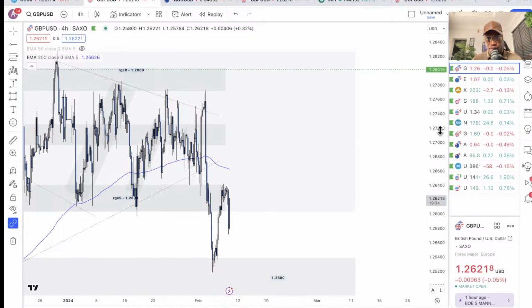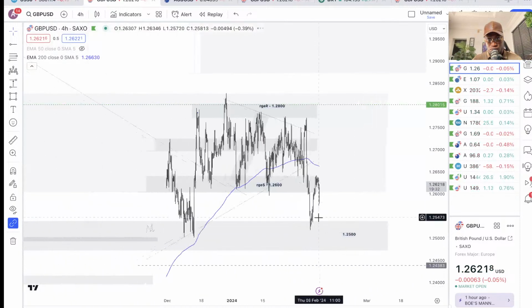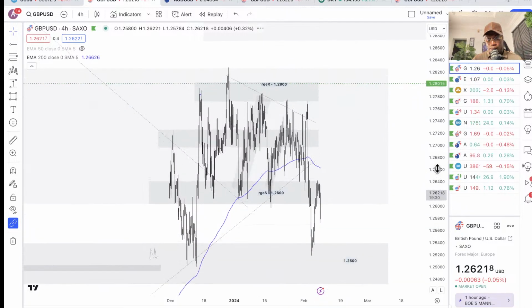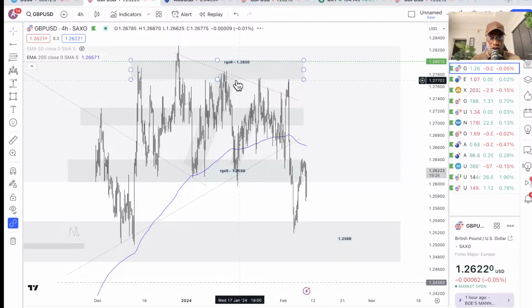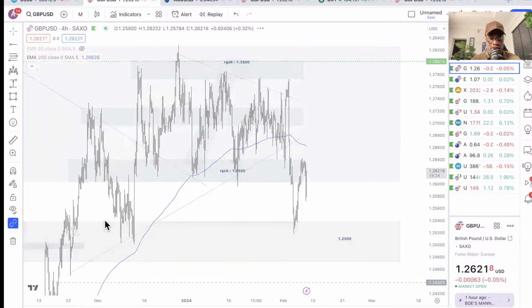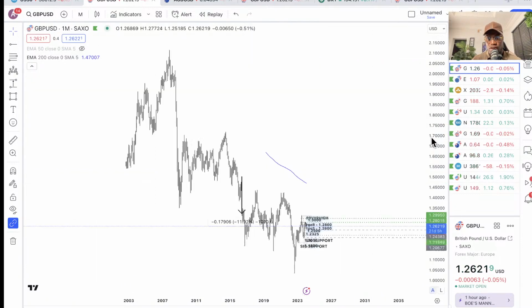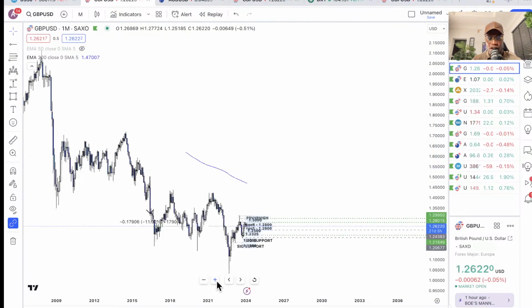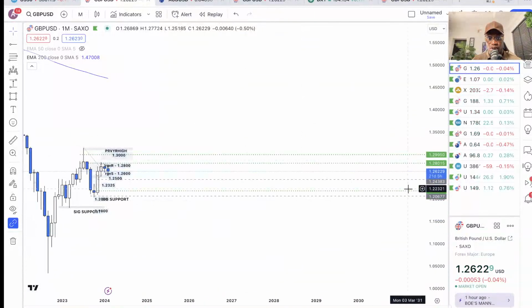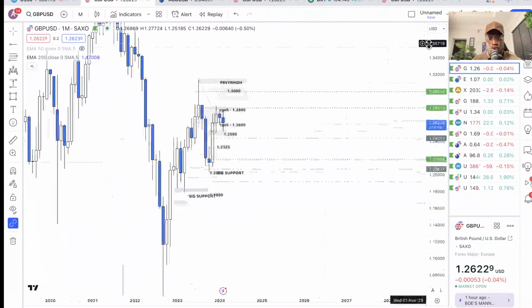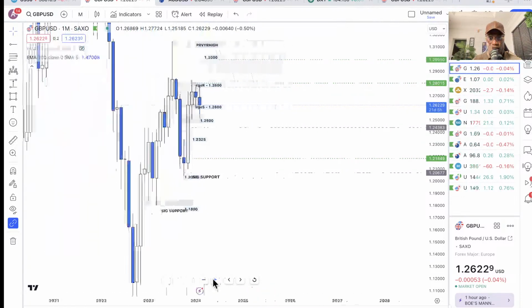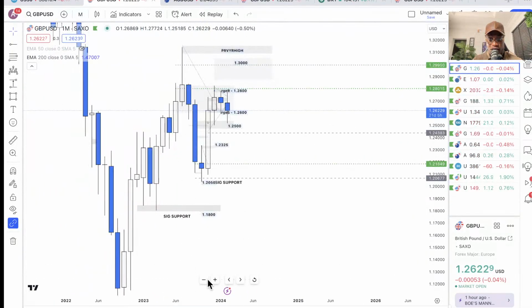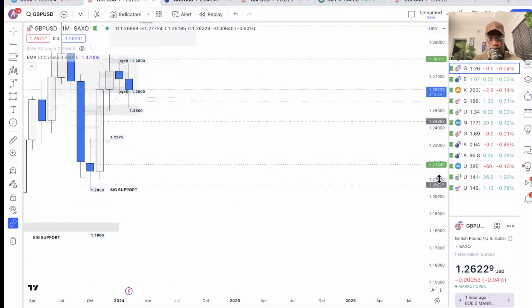All right. So this is the 4-hour on the pound dollar. I'm going to go to the monthly time frame. Let's start from there. Try to understand the overall direction. I already have some levels mapped out on the pound dollar, guys. So we're just going to do a revision on that, and I would explain to you guys why these levels are mapped out here and why they are important.